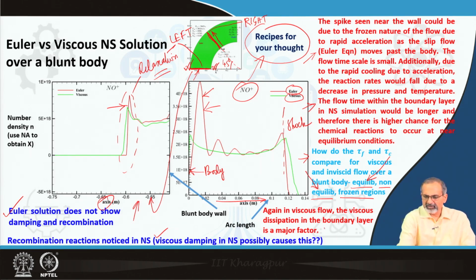Again, another fact that you have to keep in mind is that in viscous flow, the viscous dissipation in the boundary layer is a major factor. It is a source of heating. So, all put together, whether we can sum up the facts and try explaining these kinds of distributions which we are getting through both viscous as well as inviscid solution of hypersonic flow over a blunt body is going to be a good exercise for you.